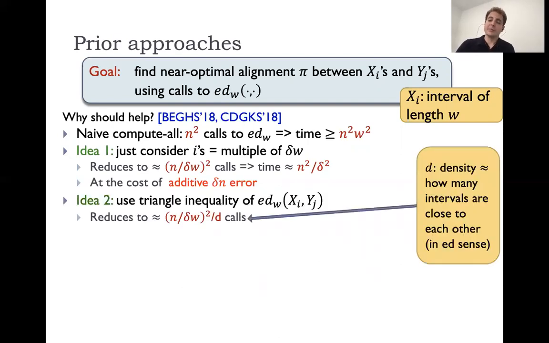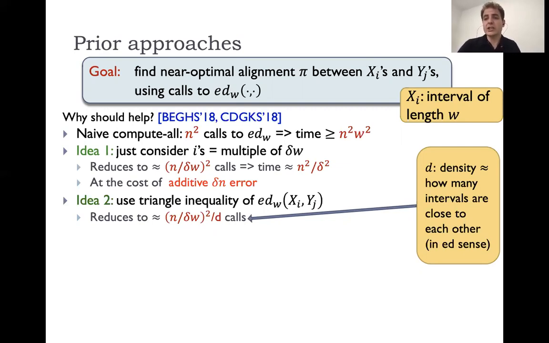Now we want to get better than quadratic. So there are two ideas that balance each other out that were proposed in the original paper. The first one is that one can think about interval density as the number of intervals that are close to an interval, and for simplification, let's assume they are all roughly the same.